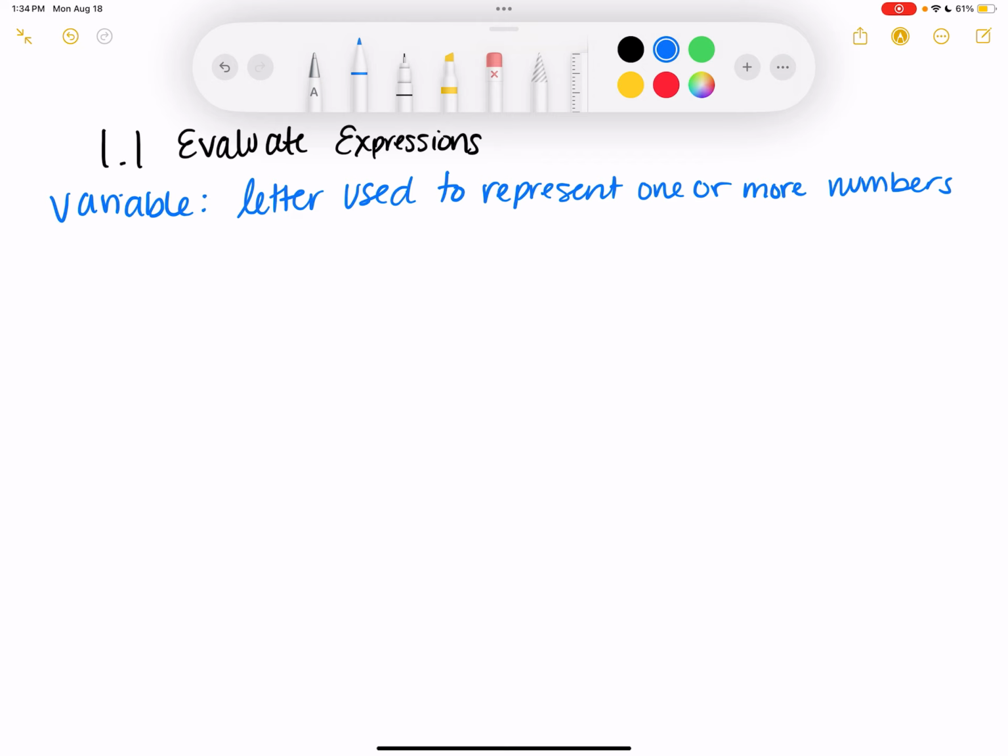Sometimes they're told to you, sometimes you have to solve for them. But anyways, an algebraic expression is an expression that includes at least one variable.